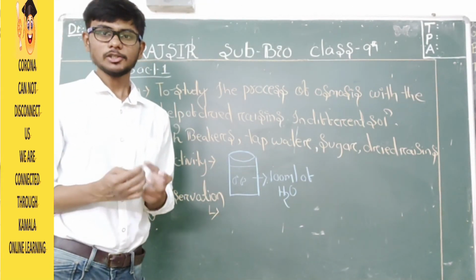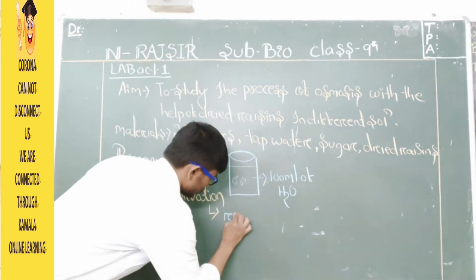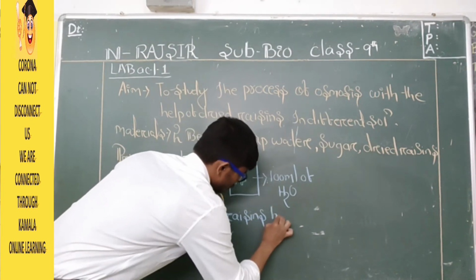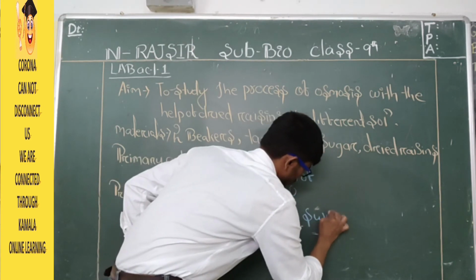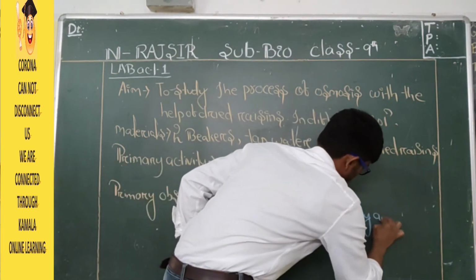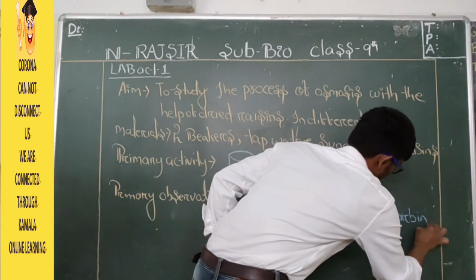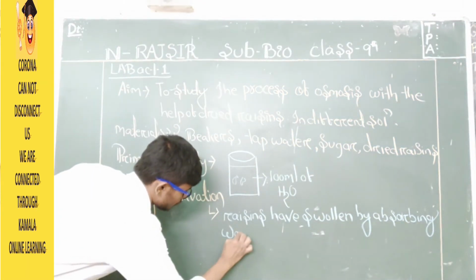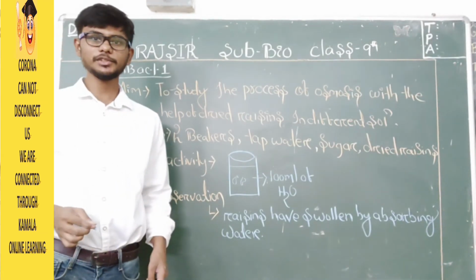The raisins have swollen by absorbing water. You will write that only. This is what our primary observation is.